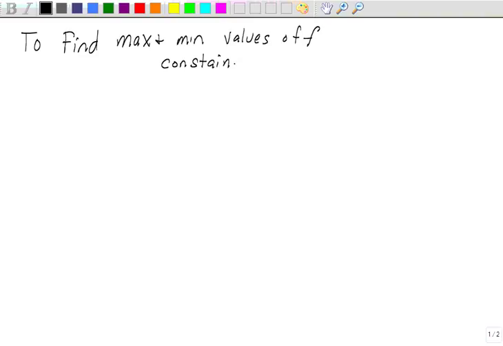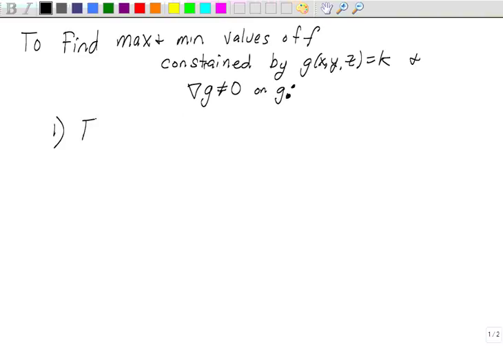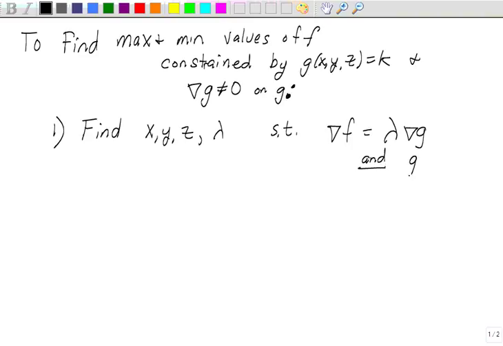Okay, so to find max and min values of f constrained by g equal to a constant, where the gradient of g is not 0 on g: Number 1, we're going to have to find the x, y, z, and lambda such that the gradient of f is equal to lambda times the gradient of g, and g of that x, y, z is equal to that constant.